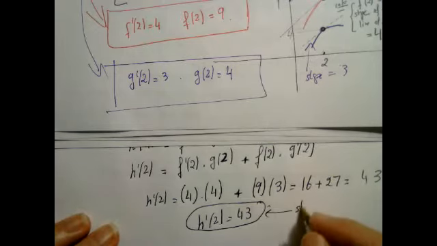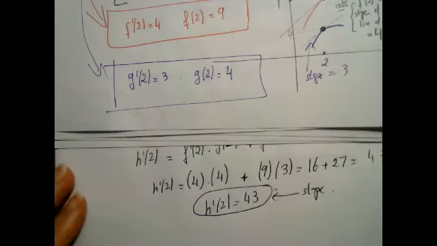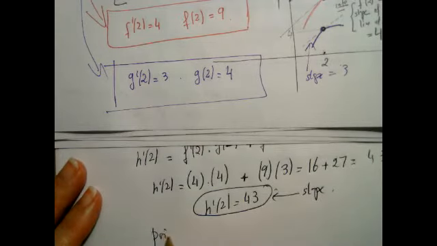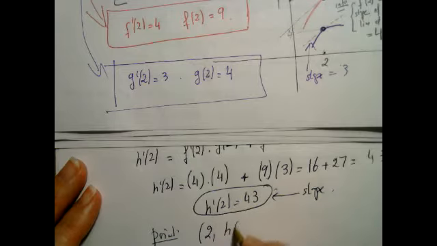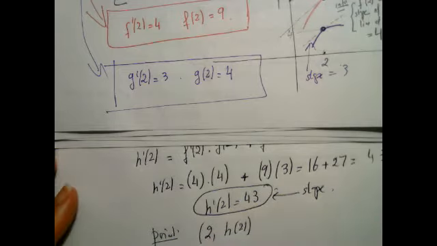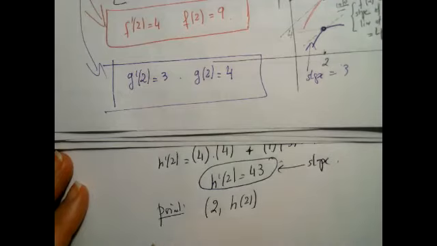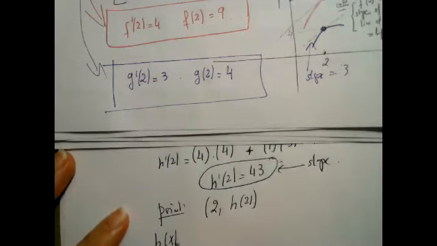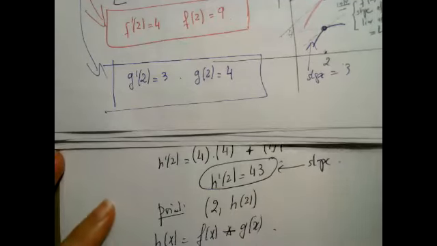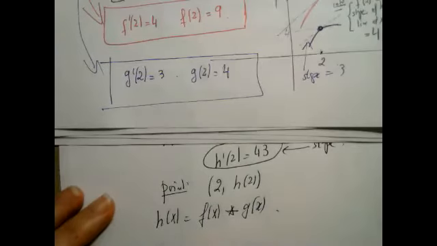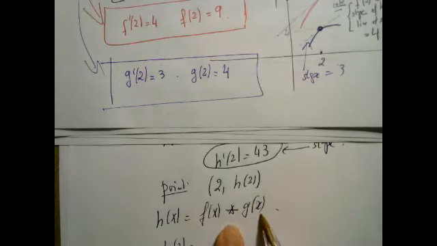Now I need the point. But how do I get the point? So now the point is 2, h at 2. What the function takes at 2. All right, so what is h? Let's remember, h is the product. It's f multiplied by g. So at the particular point 2, now I plug in 2 wherever there is x.